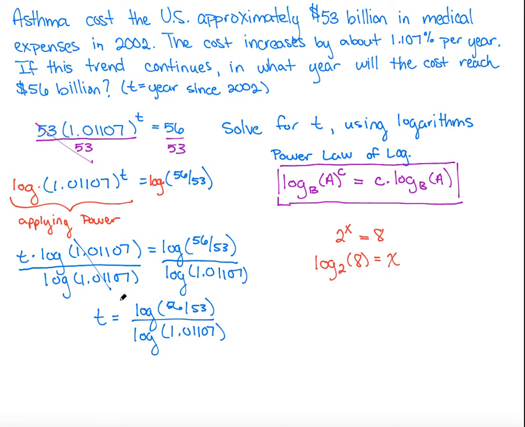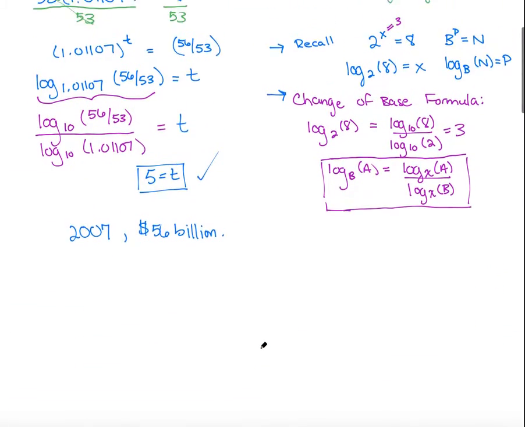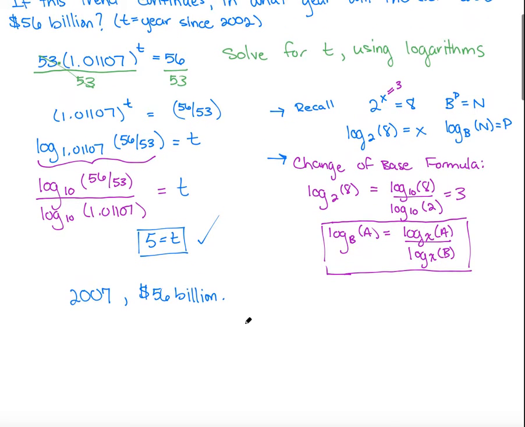Hopefully you'll notice that this expression looks really familiar. Back in the last example, when we solved the same exact equation, we used the change of base formula, and nowhere in there did we apply the power law. But notice that we ended up with the same expression at the end, and that's what we put into the calculator to get 5.